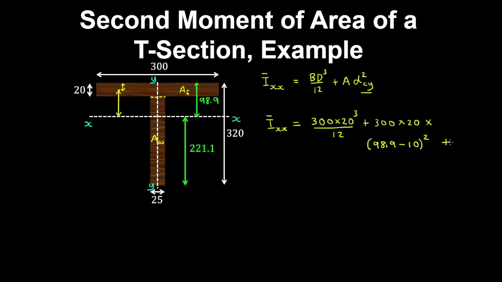And now we add the contribution of the web. So that'll be 25 by the perpendicular dimension cubed. So that'll be 320 minus 20, which is 300, on 12. And then plus the area of the web. That's multiplied by the distance of the centroid of the web to the centroid of the section.